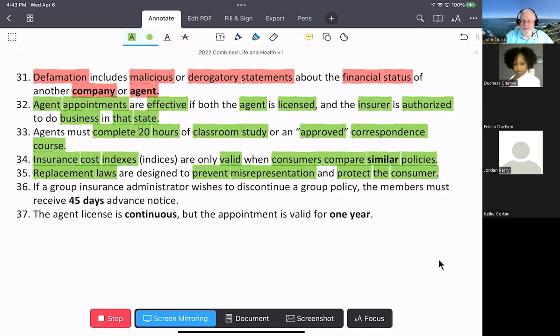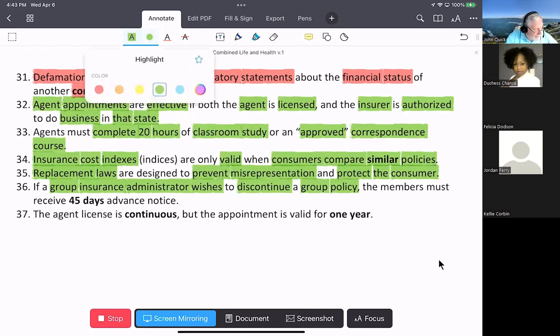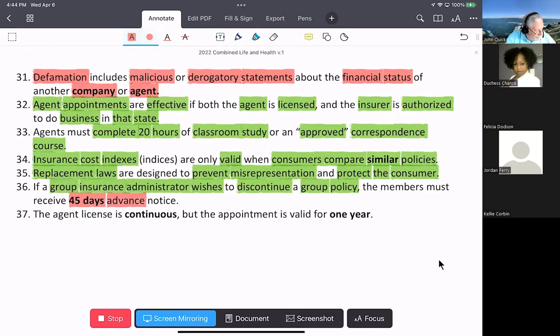Now, what if you have a group plan and they're taking money out of your check and sending it in? And they stop doing that. They don't send it in. And then you don't have insurance. You're pretty upset. If the group insurance administrator wishes to discontinue a group policy, the members must receive 45 days notice in advance.